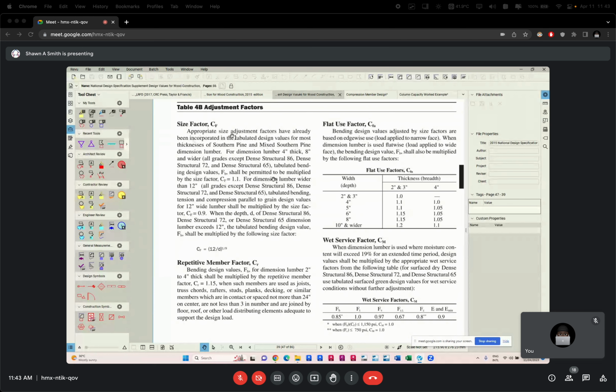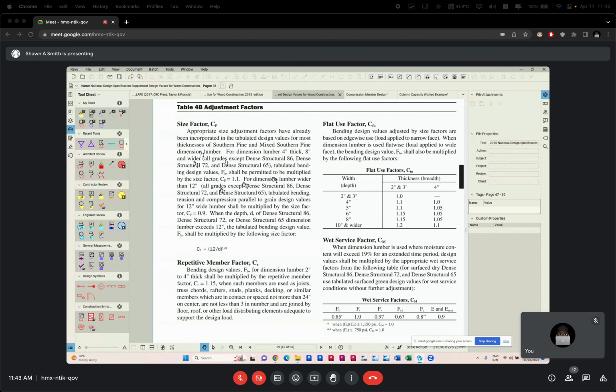It says appropriate size adjustment factors have already been incorporated in the tabulated design values for most thicknesses of southern pine and mixed southern pine lumber. We are in southern pine. For dimension lumber 4 inches thick, 8 inches and wider, all grades except dense structural, FB shall be permitted to be multiplied by a CF factor of 1.1.